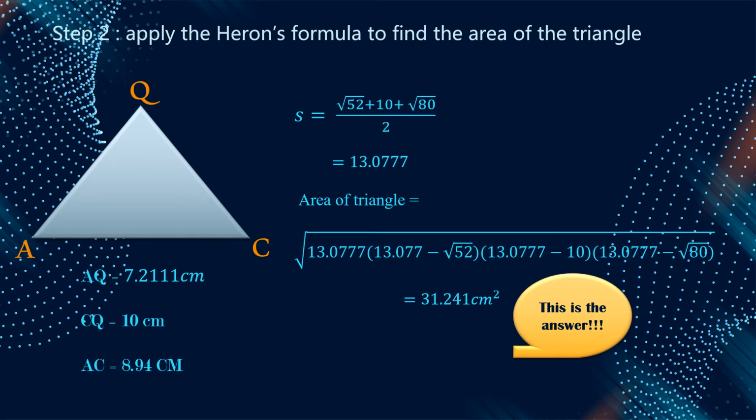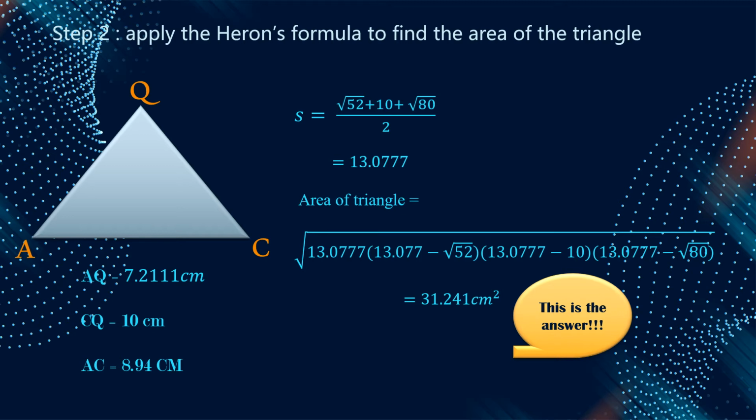So for step 2, apply Heron's formula to find the area of the triangle. I think you have memorized it as I say it to you a lot of times. So now we are going to have S equals to AQ plus CQ plus AC over 2.